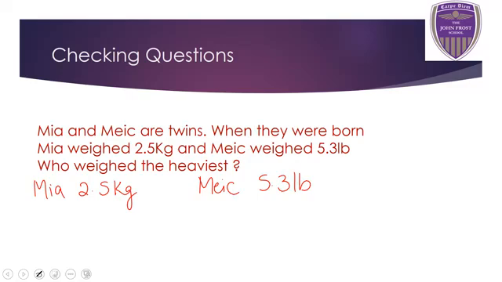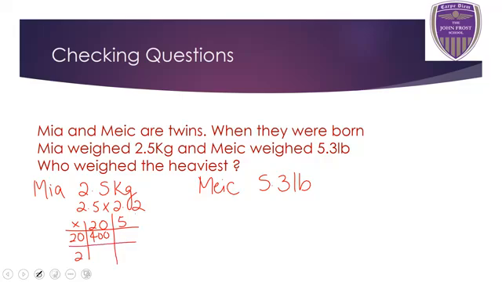So if I look at Maya, if I change her weight into pounds, I would have to do 2.5 times 2.2. Remember from the method we've used before, make that into 25 times 22. 2 times 2 is 4, add the 2 noughts.